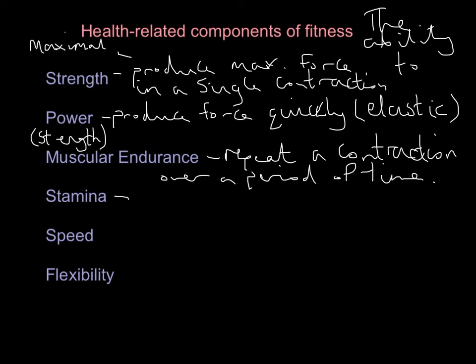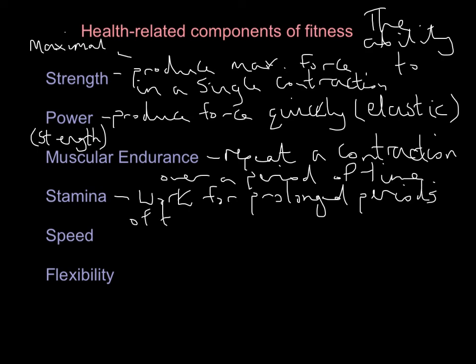Finally, the last 3, stamina. Okay, again, I'm going to do it. You're going to be sick of it by now, but tough. The ability to, if you want to go basic, work for prolonged periods of time. For the scientists amongst you, there is a much better definition.